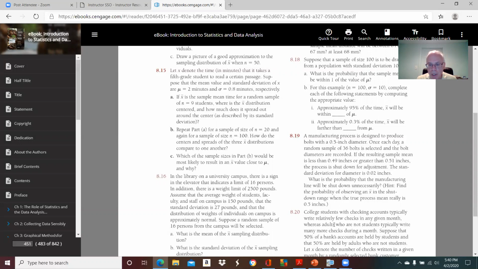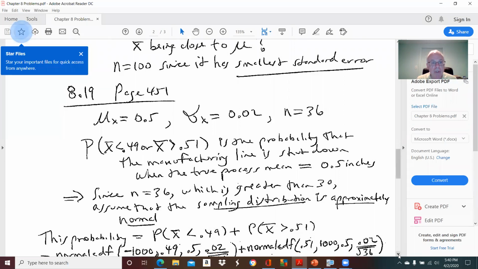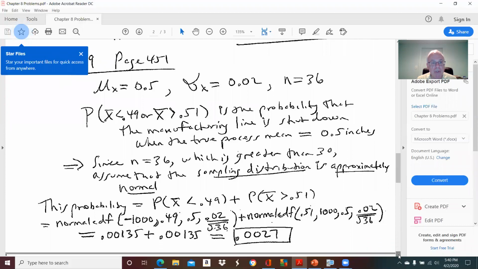So this is number 19, let's go to the handout here. And there's our mean, there's our standard deviation, there's n equal to 36. And notice what we're finding. We're going to find the probability that X bar is less than 0.49 or greater than 0.51. That's the probability that the line is going to get shut down on any particular day.